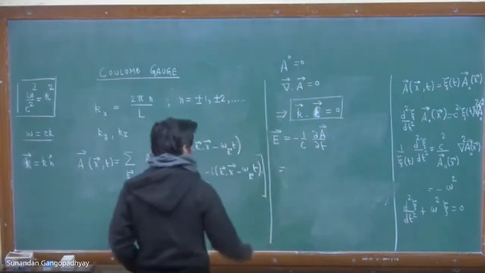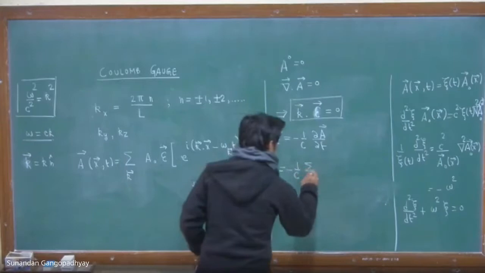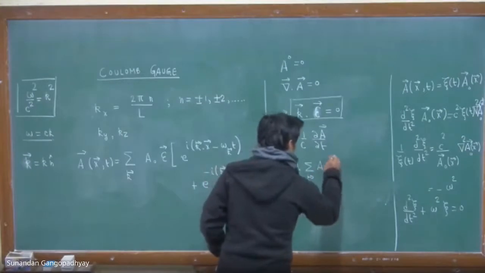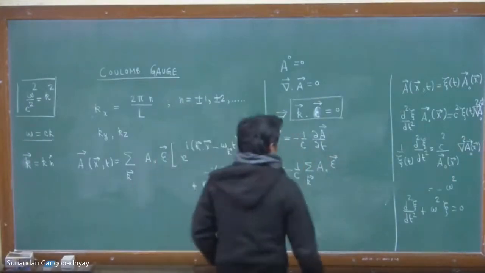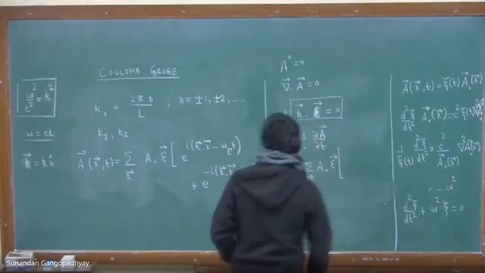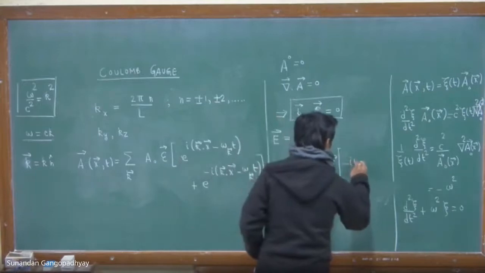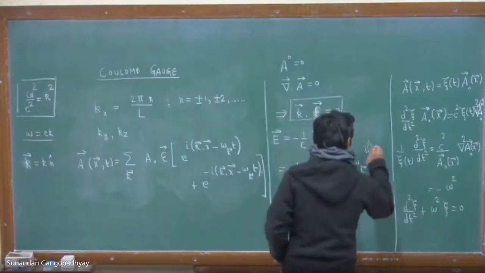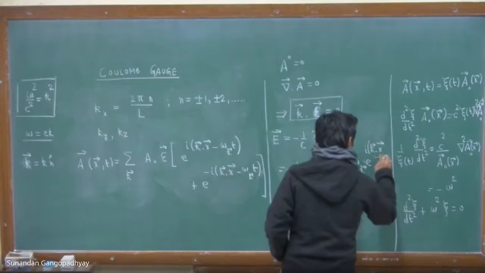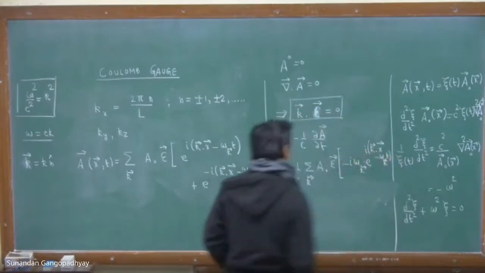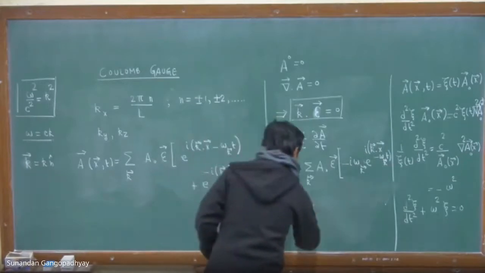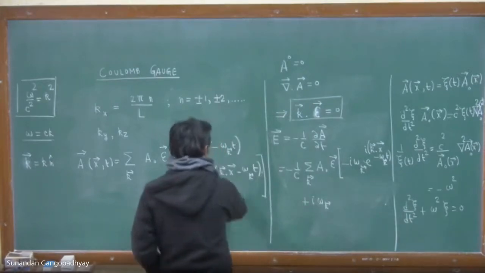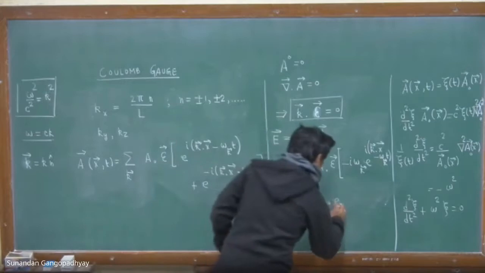If you do that, you will get minus 1 by c, summation over k, A0 epsilon, and then minus i omega k e to the power of i (k dot x minus omega k t), plus i omega k from the other term, and then e to the power of minus i (k dot x minus omega k t).